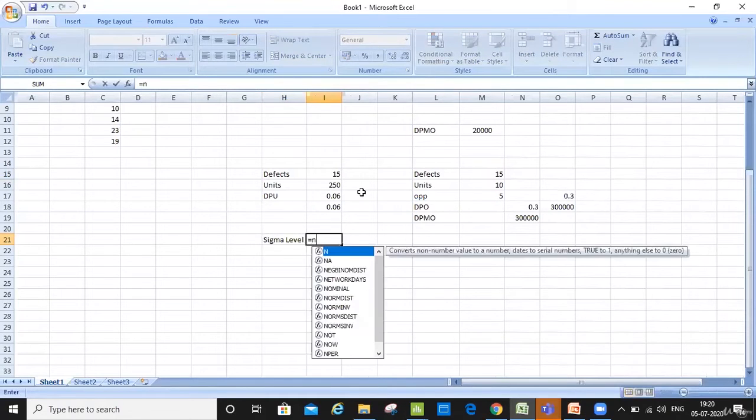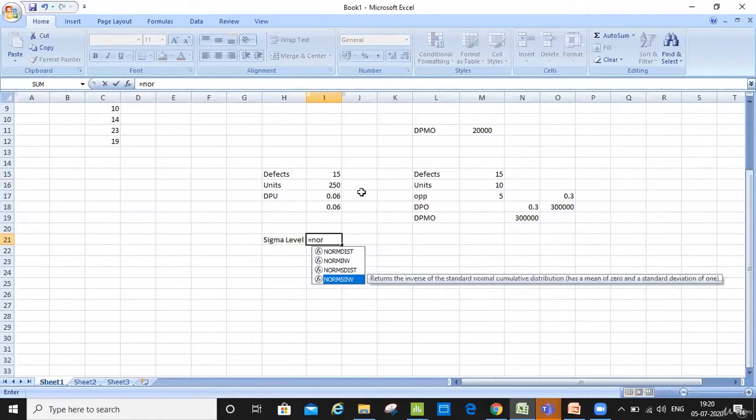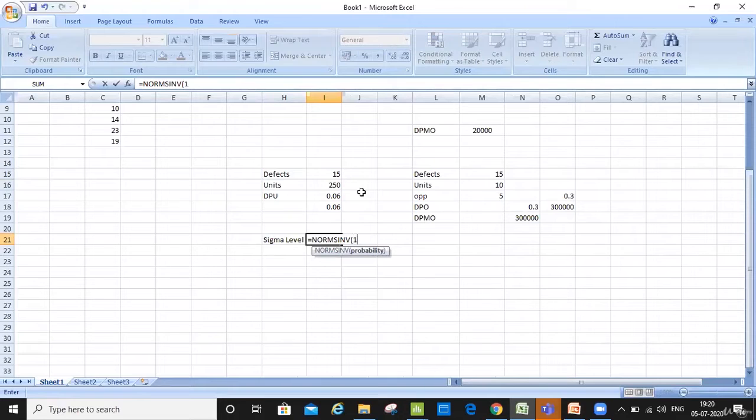There is a formula called NORM.S.INV, the last one on the list: 1 minus defects divided by total units, plus 1.5. So in this case, your current sigma level is 3.05, where we say that this process is currently performing at 3.05 sigma level.